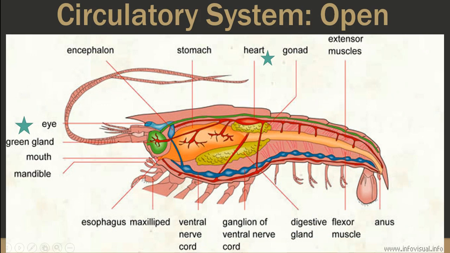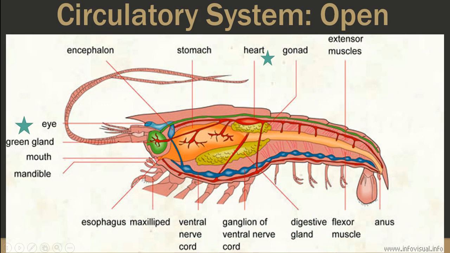But we know we have our ventral nerve cord, so we might be able to tell that one. It's going to be hard to tell for sure. We're going to see the heart, which we should be able to find. And remember, it's just going to end up dumping that blood into this area right here, into that open circulatory system. So we're going to be looking for that heart. That's why I have a star here.